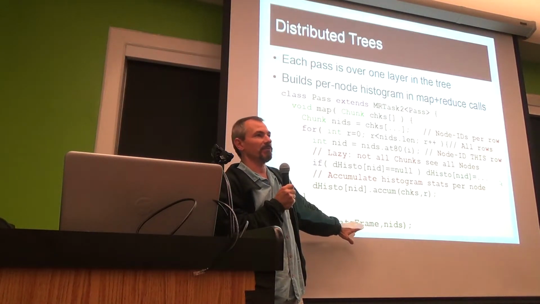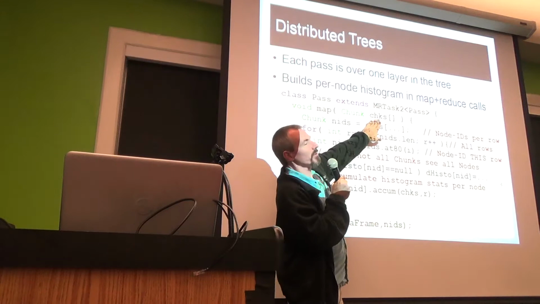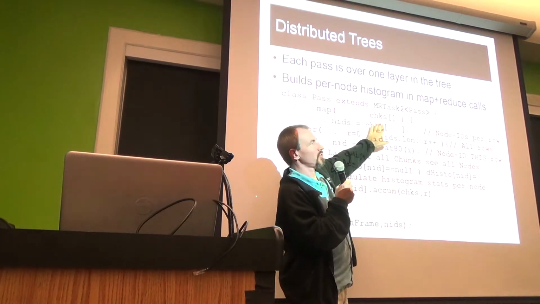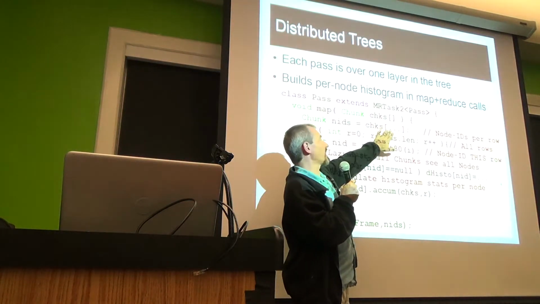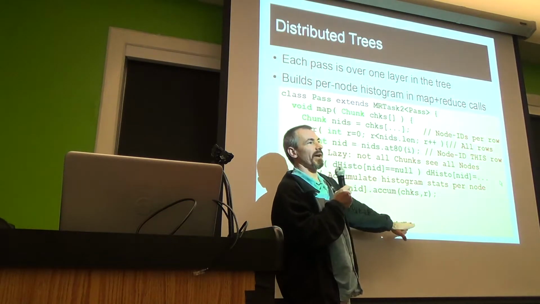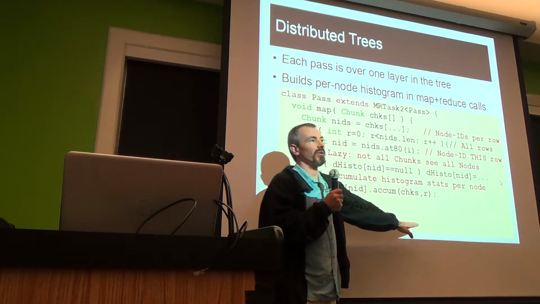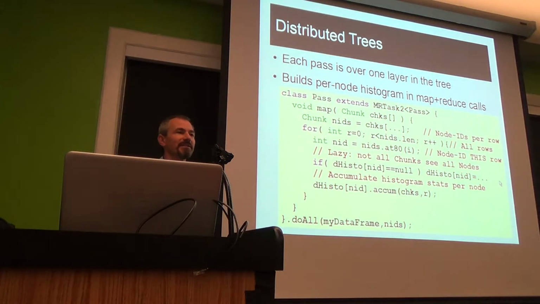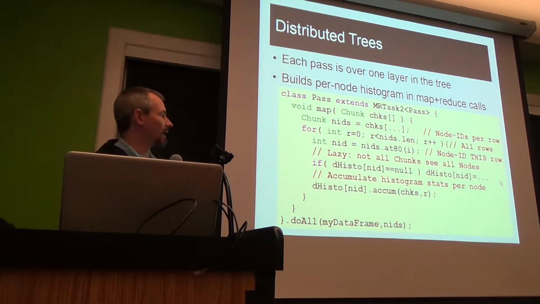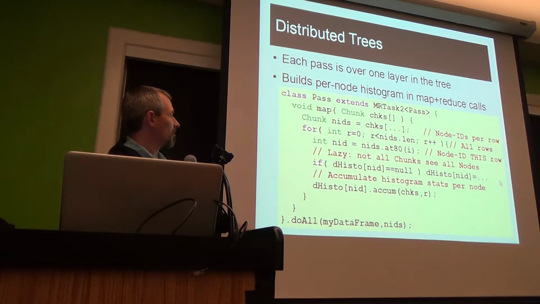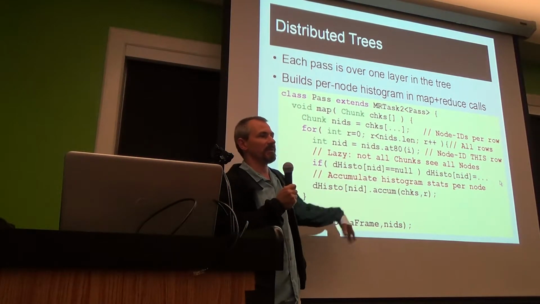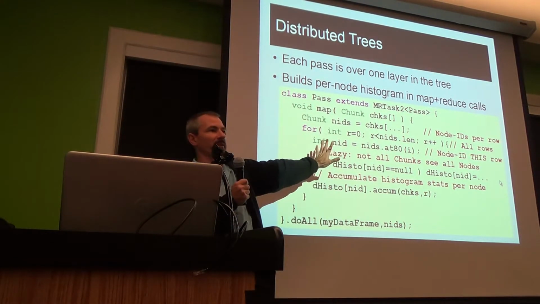So 10, 100,000, whatever. Here, this array will have one chunk for every column, 10, 100,000, whatever, plus however many extras I have for temps. Turns out I have a few extra columns thrown in here that I'm not showing. It depends on how many classes I'm trying to classify at once. But the count of columns is independent. So this code here is independent of the count of columns.